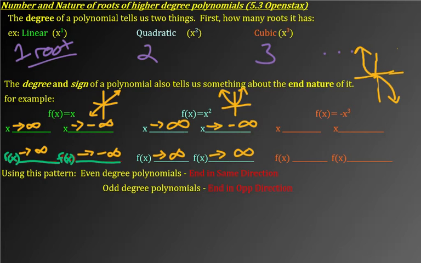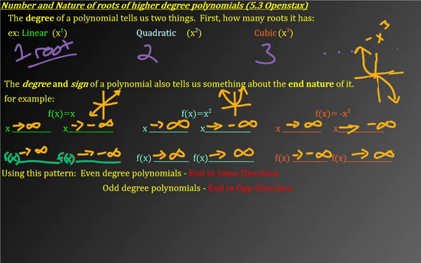For a negative x cubed like this one, as x goes to infinity, f of x goes down to negative infinity, and as x goes to negative infinity, f of x goes to positive infinity. This should be enough to start seeing the pattern that I want you to see, and we could keep doing it, but this is basically what I want you to see.